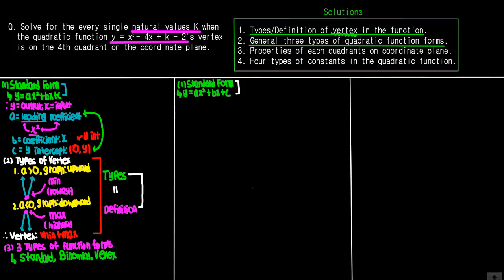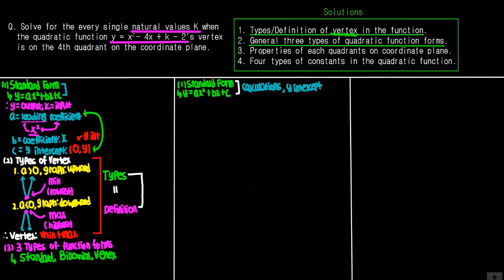Firstly, the standard form, which is the basic format of the quadratic function, y is equal to ax squared plus bx plus c. It is optimized for easy calculations when solving for the unknown variables, and also for solving for the y-intercept. This is a property of our standard form.